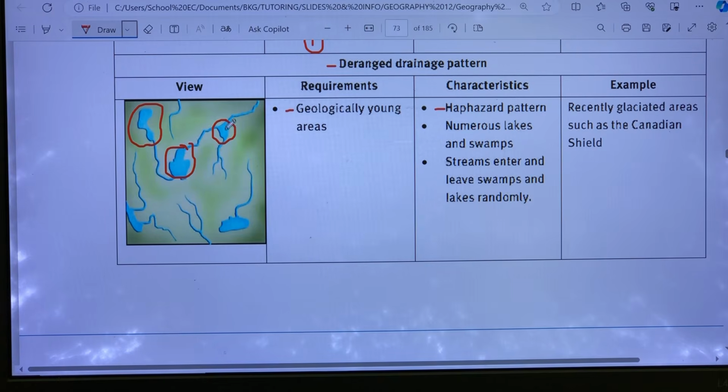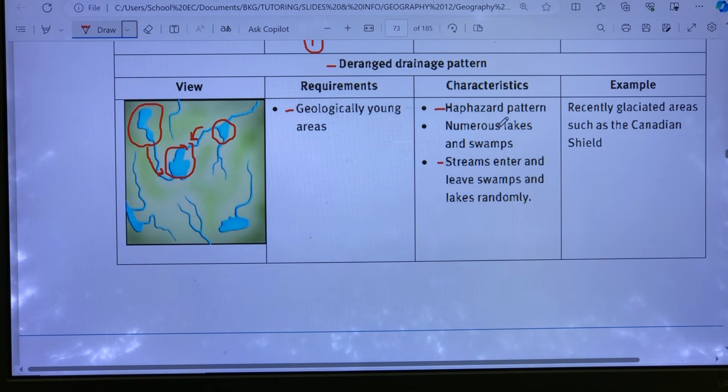Let's say this part is transporting water to this part, and this part is transporting water to this part. So this part is going to have a great volume of water inside it. I hope you understand what I'm trying to say.